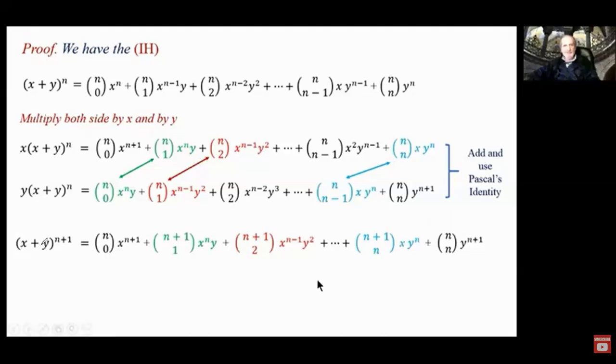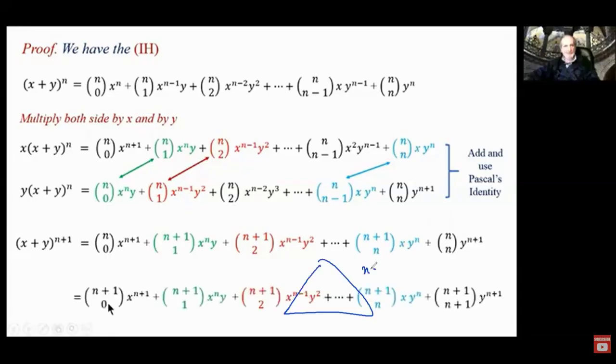Sorry, I made a mistake. Okay, in the Pascal identity, so n minus one choose k minus one plus n minus one choose k, that is n choose k. So that was a mistake.